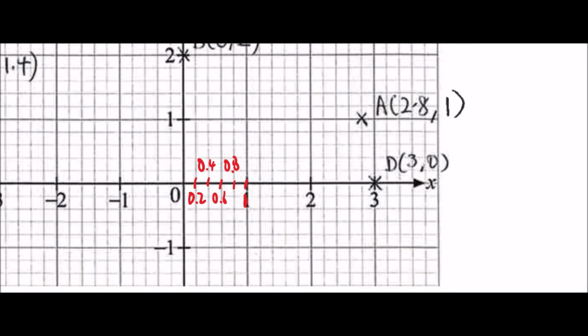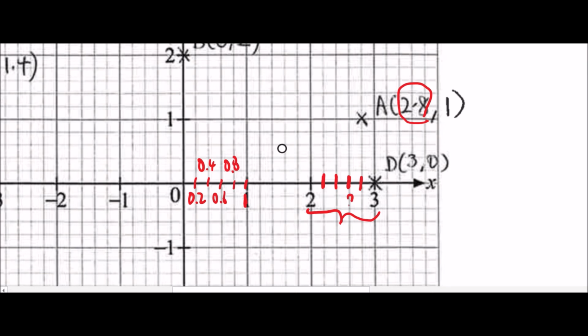Now I need to locate 2.8. Where on earth is 2.8? Well, it should be between 2 and 3, and you expect it to be closer to 3 compared to 2. So let's go in between 2 and 3. This is 2.2, 2.4, 2.6, followed by 2.8.